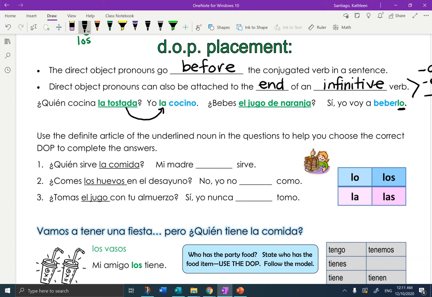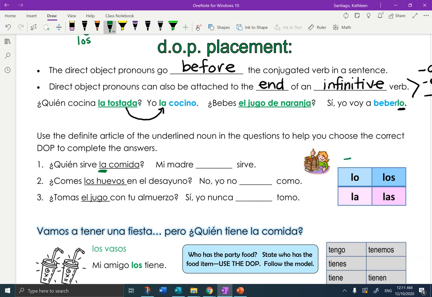Now for the práctica. Use the definite article of the underlined noun in the questions to help you choose the correct DOP to complete the answers. Number 1. ¿Quién sirve la comida? Mi madre. Okay, so look at your DOP list, lo, la, los, and las, and look at the definite article of the item in the question.